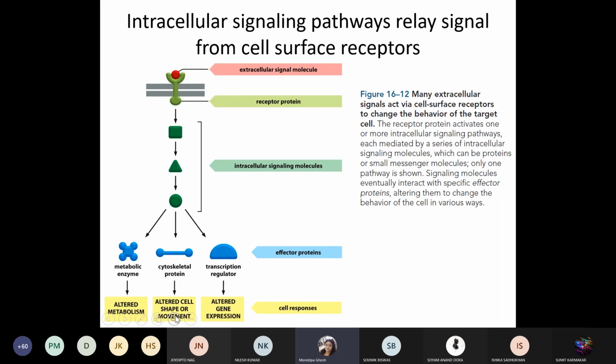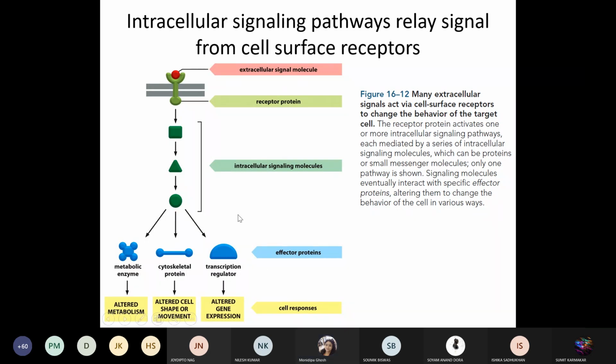In a unicellular cell, they help it move. On the whole, as the bone gives the structure for a body, the cytoskeletal proteins help maintain the integrity and specific morphology of a cell. So altered cell shape or movement happens if the cytoskeletal protein interacts with the signaling molecule.